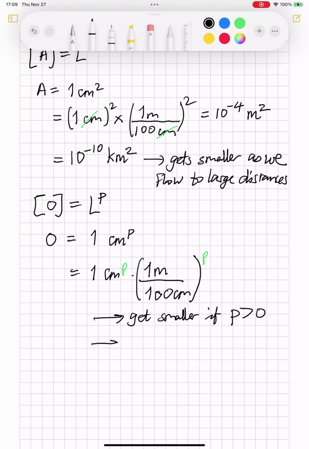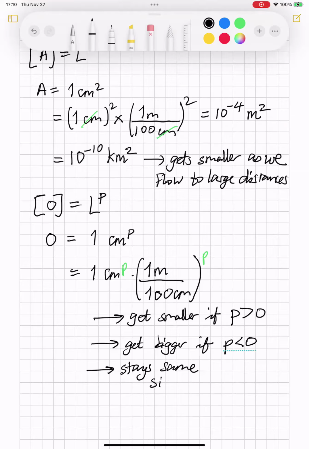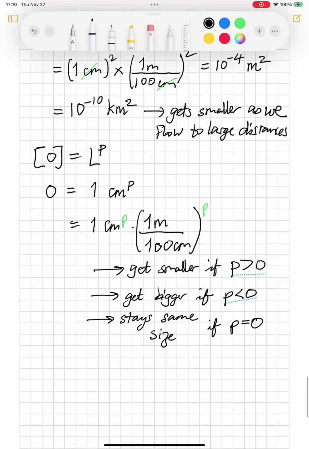It'll, of course, get bigger if P is less than naught, because then we're dividing by a small number, so we're going to get something bigger than 1. And if P is 0, it stays the same size. So we've got a nice classification of the behavior depending on the sign of P.